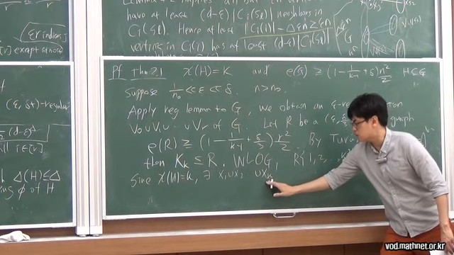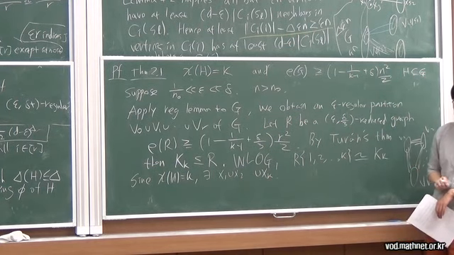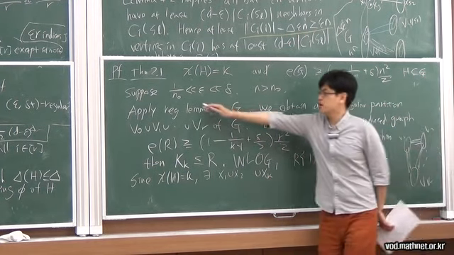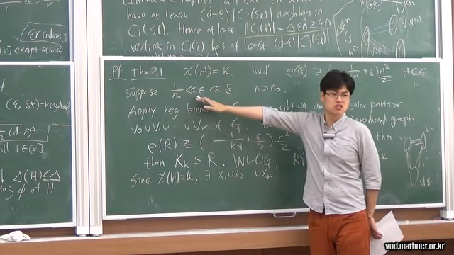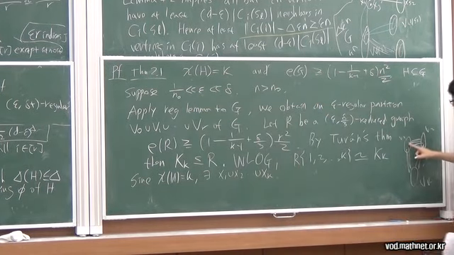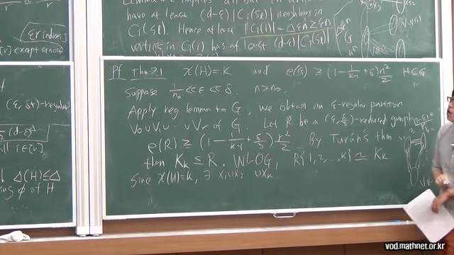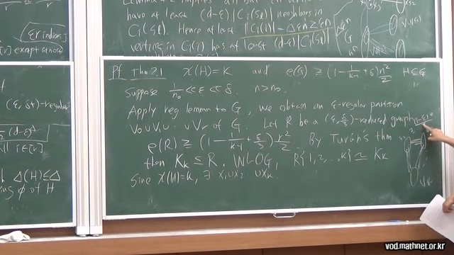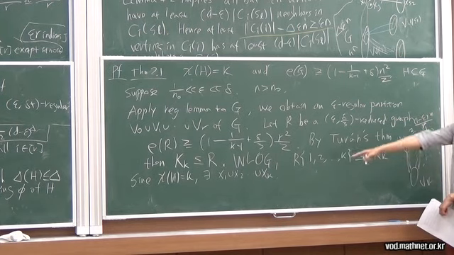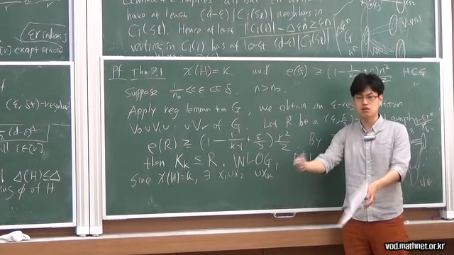And we need to check that each size of Xi is much smaller than Vi, which is okay because we take N0 very large. So N is large, and each of these has size at least (1 minus epsilon) times N over R. And by property R1, this R is at most t, which is constant. So if N is large enough, this is N times some small constant. And N is large enough so that this is much bigger than the size of H. Here, H has bounded size.